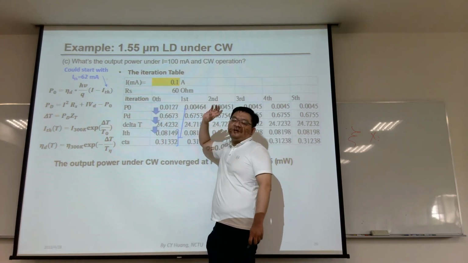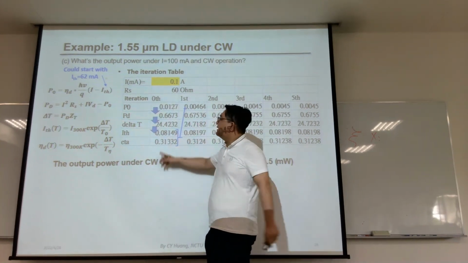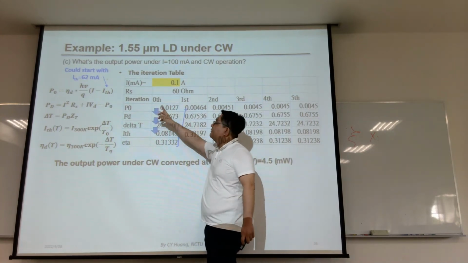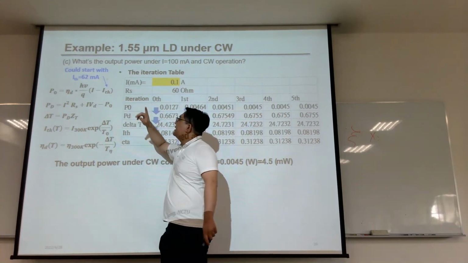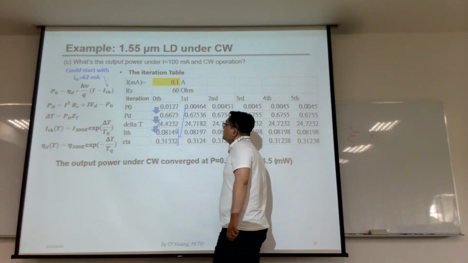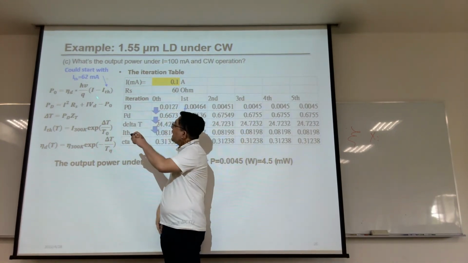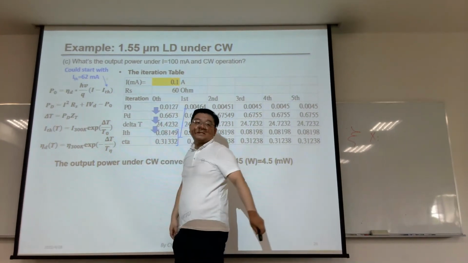But if it's too far away, you will still eventually approach the numerical value, but that is not smart enough. So we do a smart guess. Let's assume the first IPH is 62, but actually it should be higher. Alright, so now we have I is 100 and the IPH is 62.